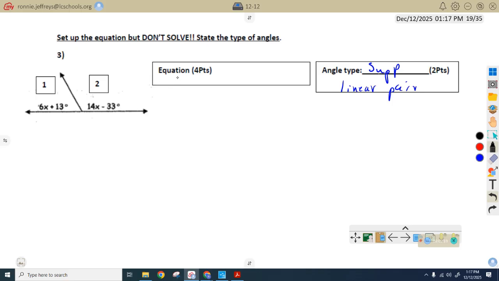So, let's see, 6x plus 13 plus, equals 180. Notice there's only one equal sign in there, not 3. Again, I don't know where all this multitude of equal signs are coming from.